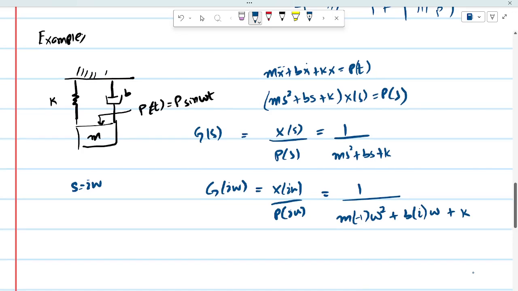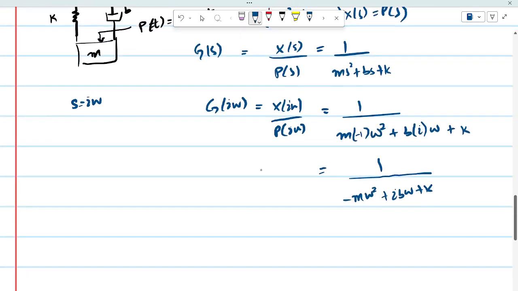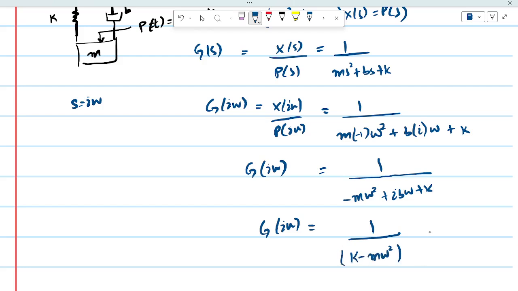We can rearrange this as 1 over (k minus m omega squared) plus i b omega, just rearranging the real and the imaginary part.